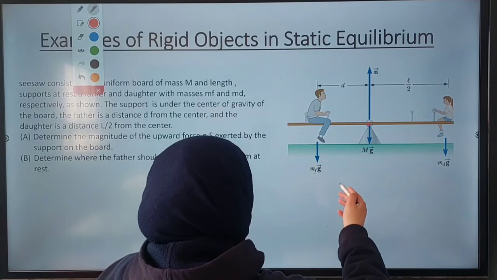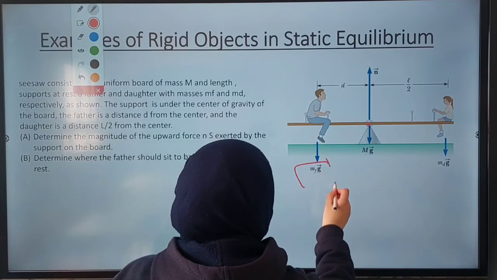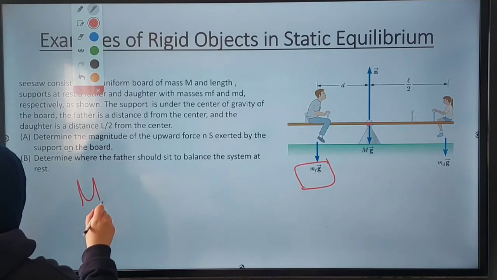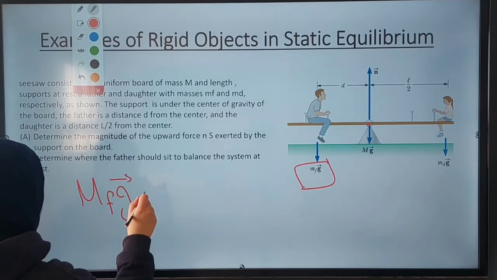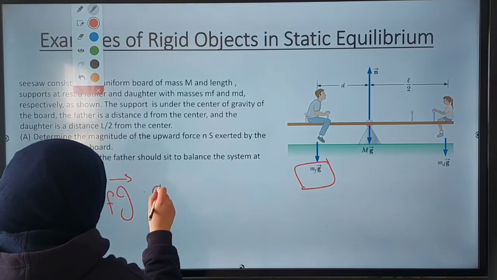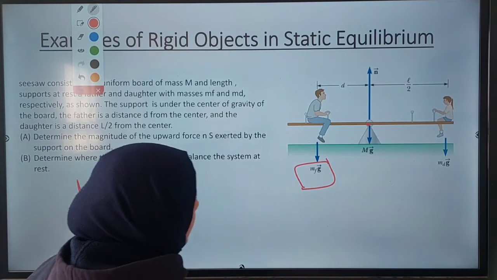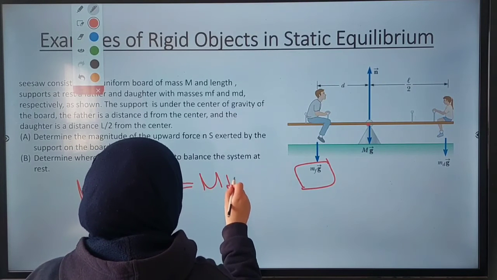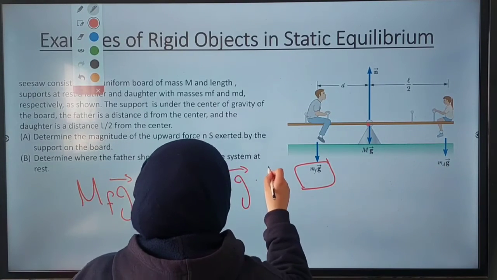So to be in balance, we are going to apply the torque: the weight of the father multiplied by the distance d, as we want it to be at equilibrium, equals the weight of the daughter, m_d g, multiplied by l/2.